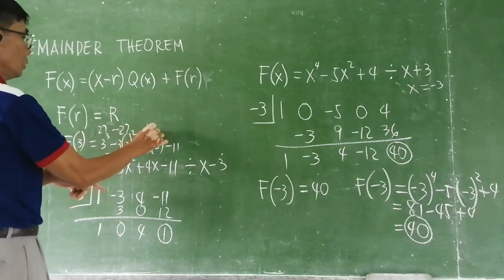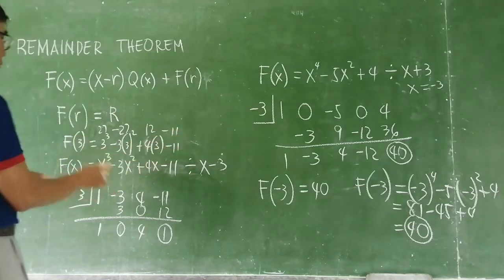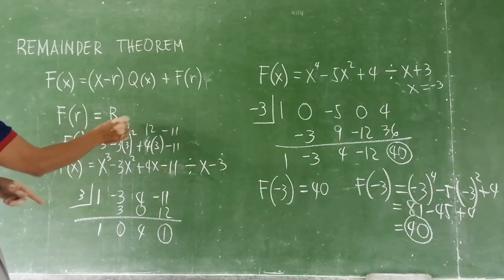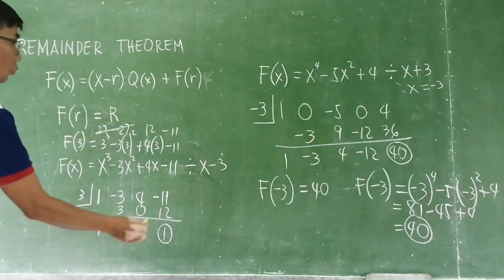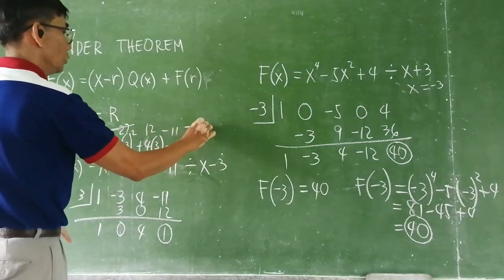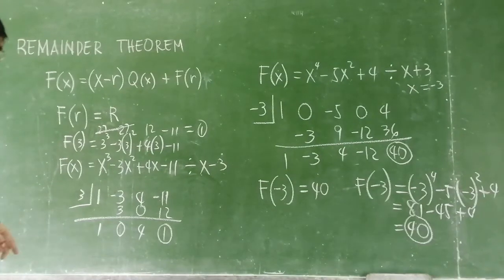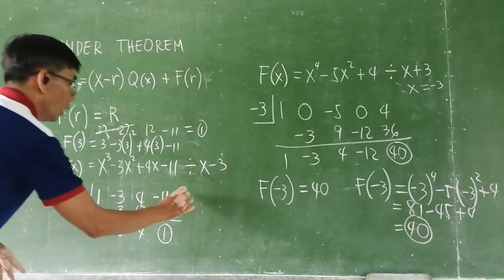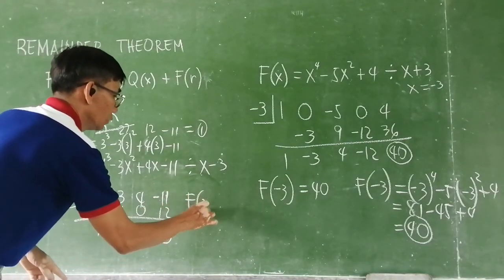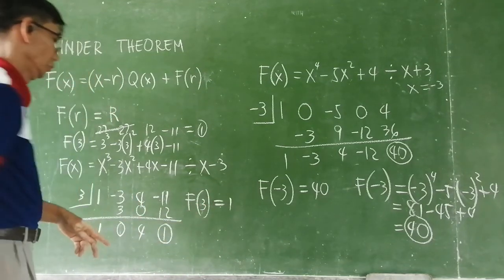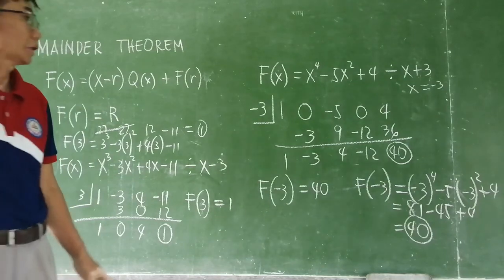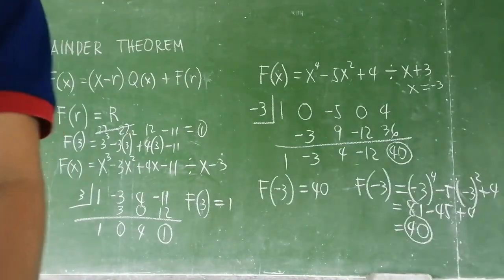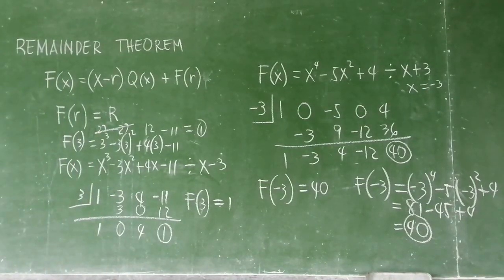That is 12 minus 11. So you will notice that 27 minus 27 is cancelled out. 12 minus 11 is 1. So that will be your remainder. So here, f at 3 is equal to 1. So that is the remainder. Okay. So that is how to evaluate the remainder.